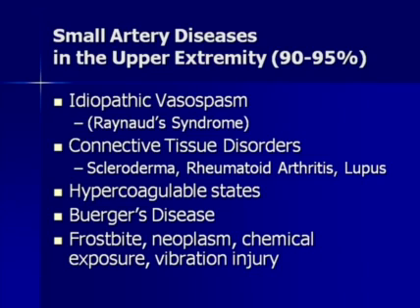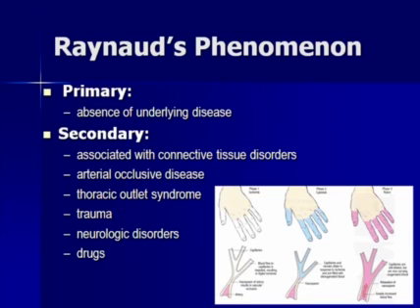Other patients may have coagulable states. They may also present with Buerger's disease or various other problems, including frostbite, some sort of neoplasm, or vibrational injury, which is quite common in patients who are laborers and use pneumatic tools to do their job. They can get diseases within the small vessels of their upper extremities.